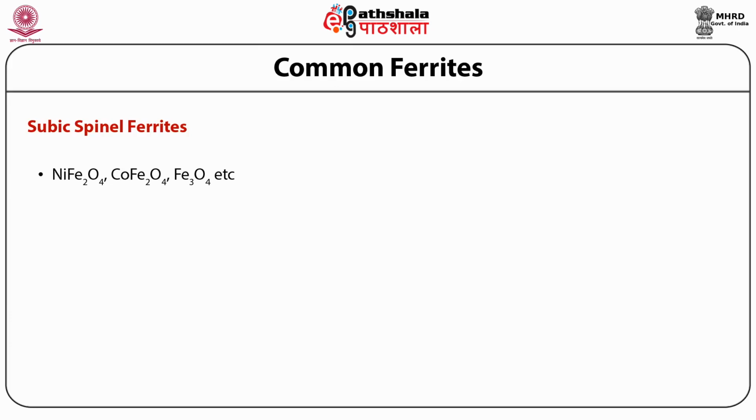Second is hexagonal ferrites, for example BaFe12O19. Thirdly are the garnets, for example R3Fe5O12. So students, we will be discussing all these ferrites one by one.